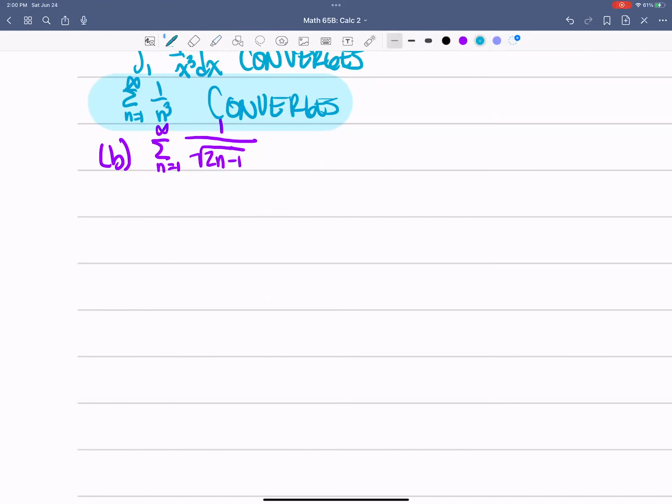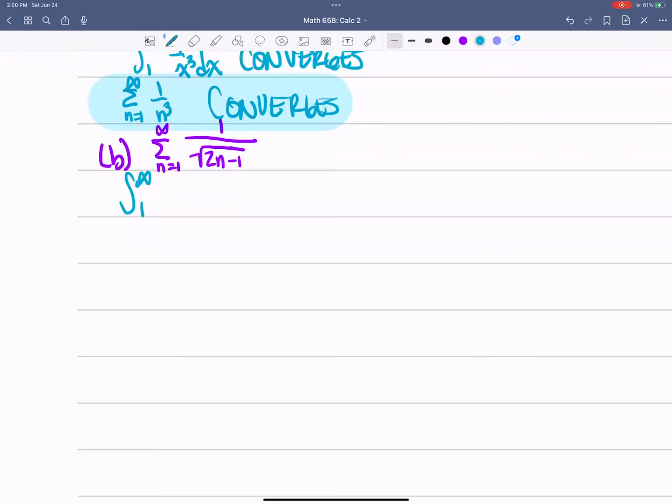Now let's look at this one. Doing the exact same thing here, integral test, let's integrate from 1 to infinity. When n is equal to 1, 2 times 1 is 2, minus 1 is 1, the square root of 1 is 1, and the numerator 1 is still 1. And infinity, we're still going to go to infinity.